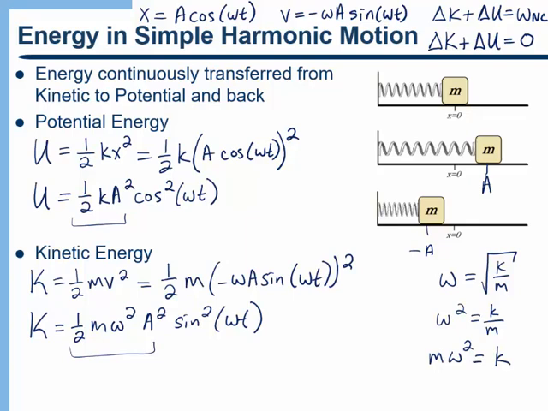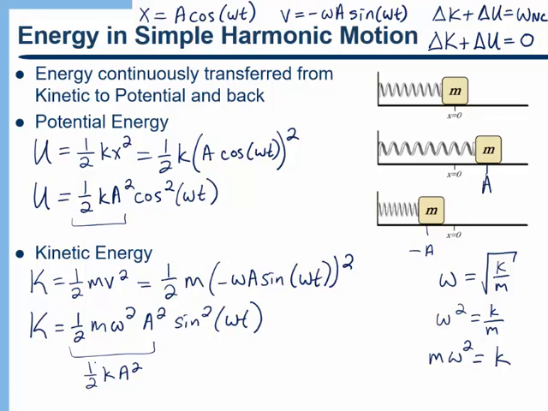And therefore, m omega squared A squared is the same as k A squared. So those terms in front of the sine or cosine are actually the same.